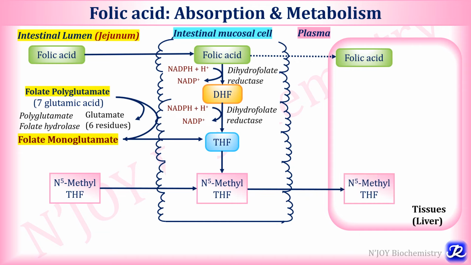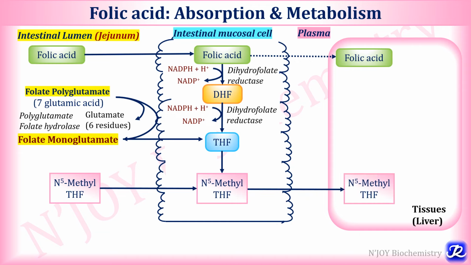So let's see how they are formed and how they are utilized further. So this N10-formyl tetrahydrofolate is derived from the glycine and tryptophan metabolism, where formate is formed, and it results in this N10-formyl tetrahydrofolate, and further it is utilized for the C2 of purine synthesis, and it is also involved in the synthesis of formyl methionine.